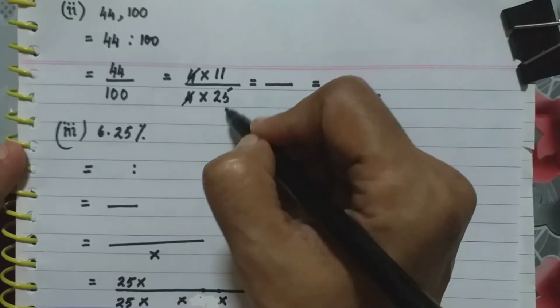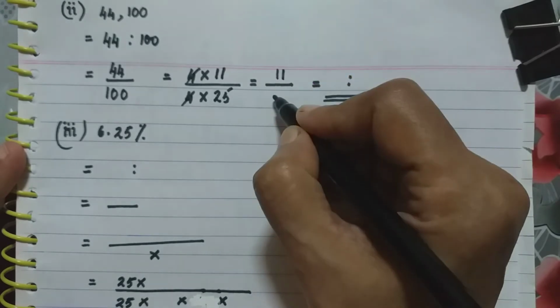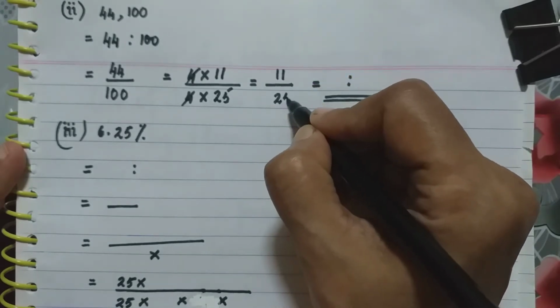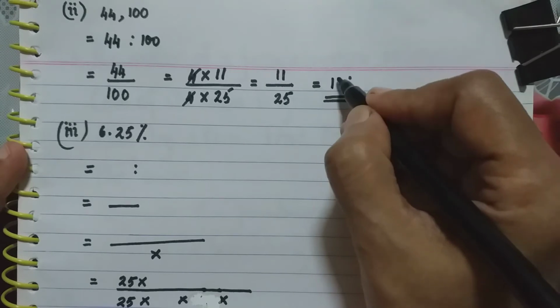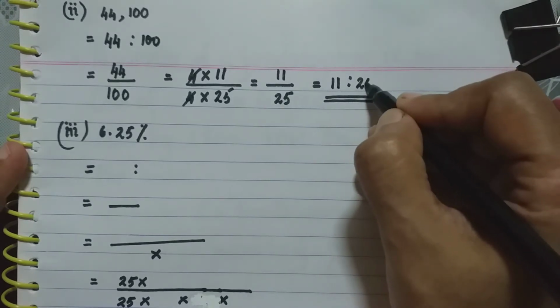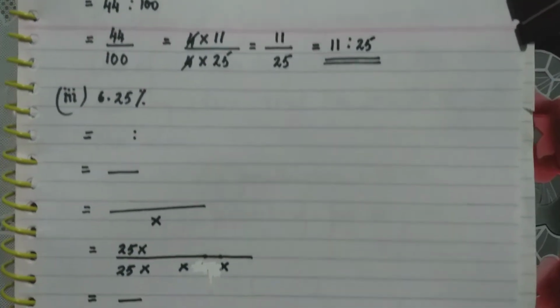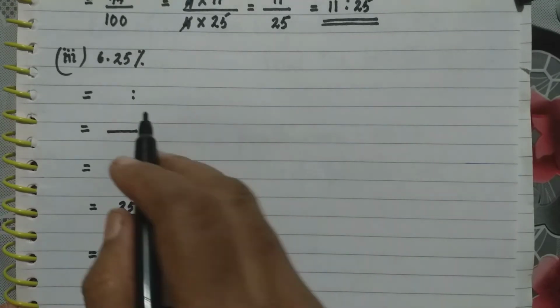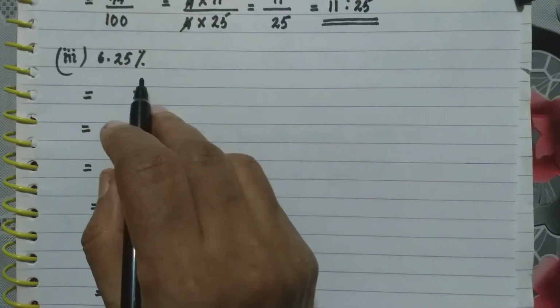So 4 cancels. What is left is 11 upon 25, which as a ratio is written as 11 is to 25.